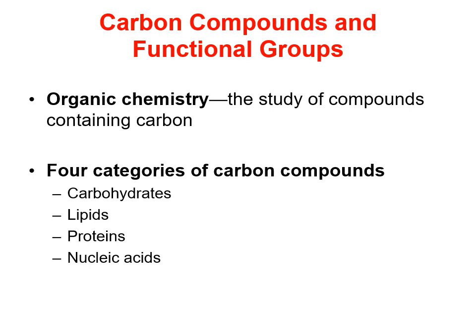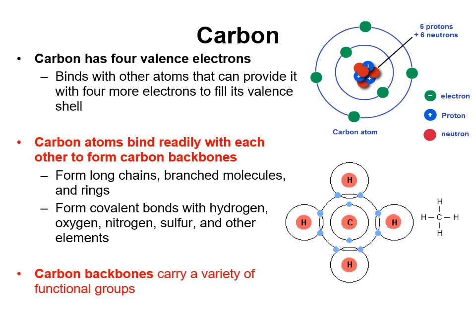So there are 4 categories of carbon compound. You have carbohydrates, lipids, proteins, and nucleic acids. Now, carbon has 4 valence electrons, meaning it has 4 electrons in the outermost orbital.